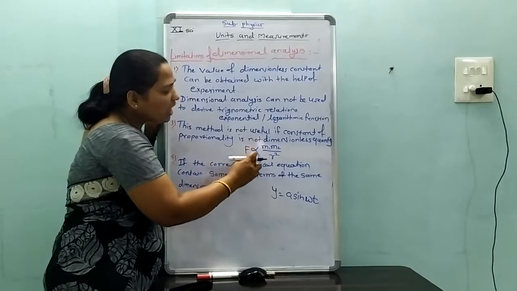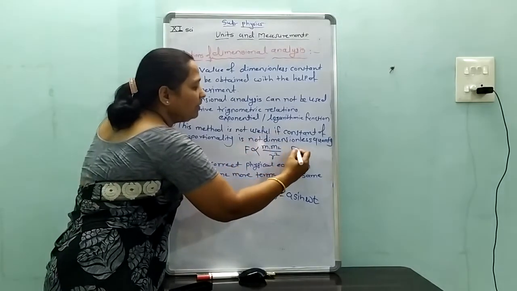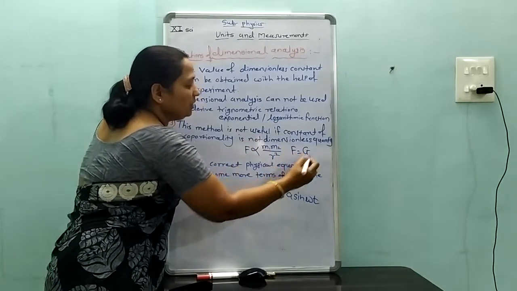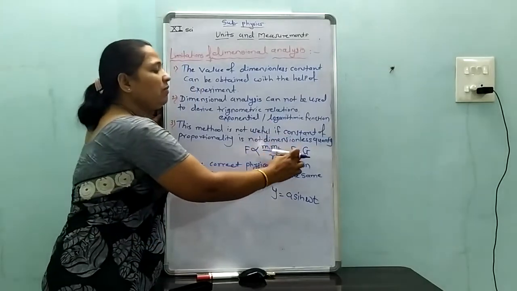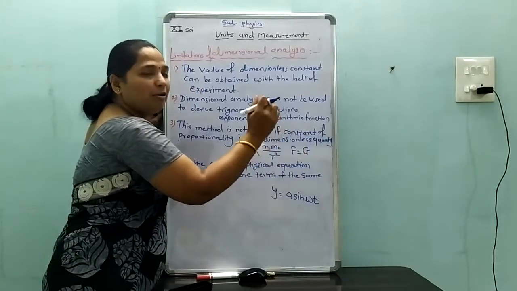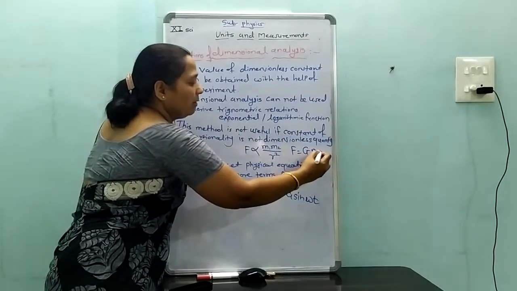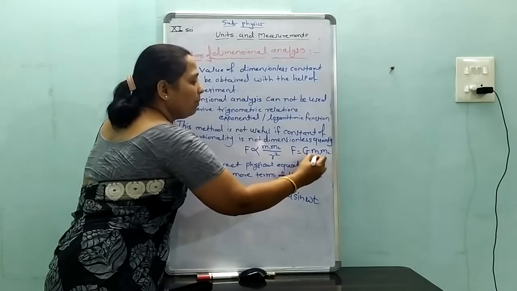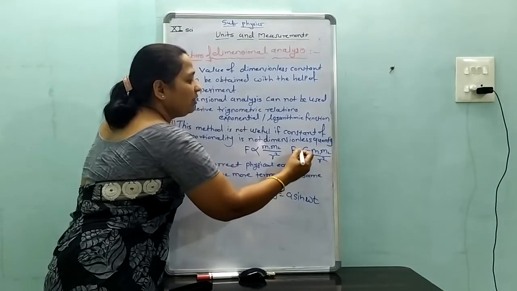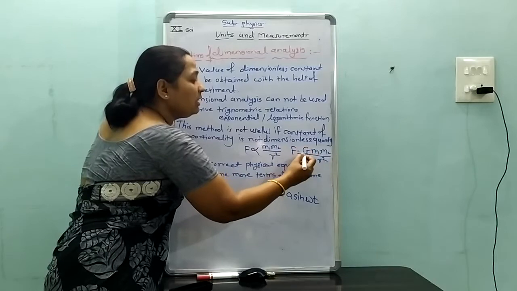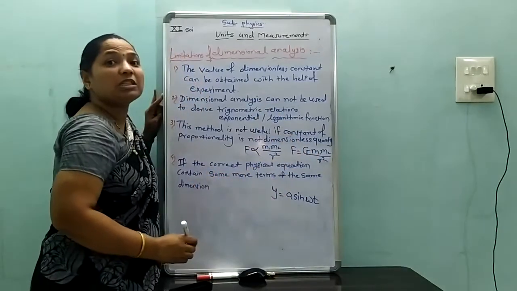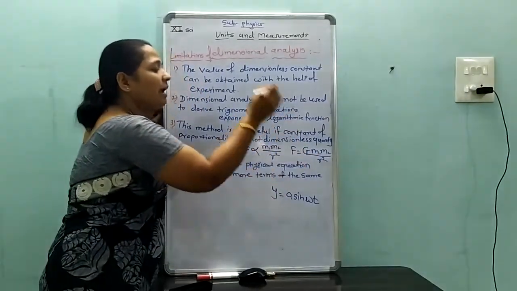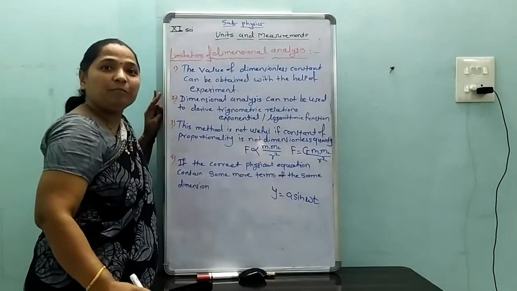The proportionality constant is G, the universal gravitational constant, so F is equal to G m1 m2 upon r square. But that constant has dimensions.